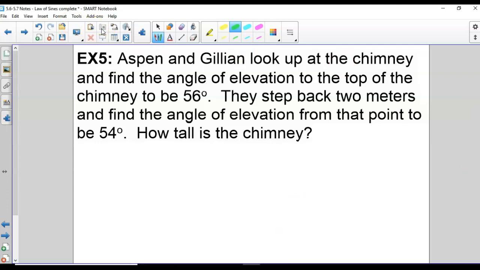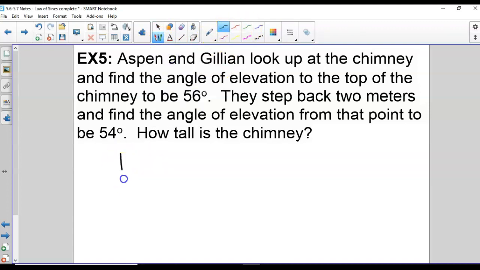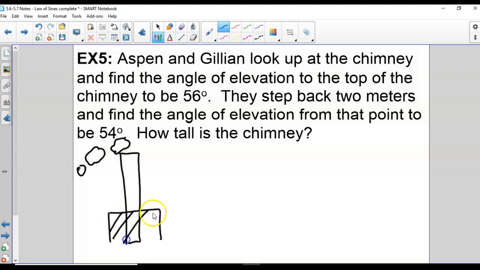So what happens is you've got this chimney, and around it there is this fence. So if you're out here measuring, we need some longer legs, don't we?